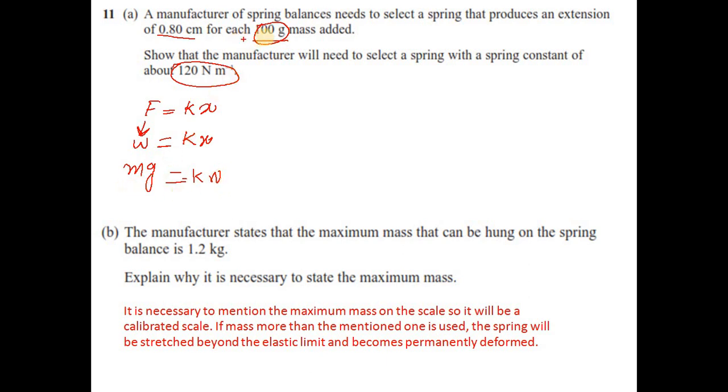So for 100 gram, 0.1 times 9.81 equal to k times x, and x is 0.8 centimeter. That means it is 0.008.